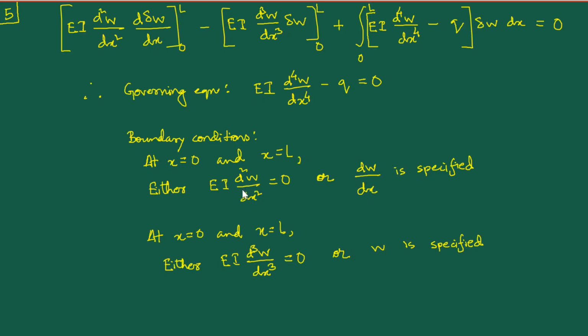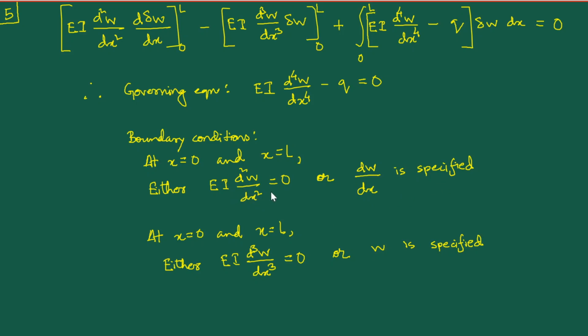All right. Again, alternatively, suppose we have at x equal to 0 a simply supported end, which means that at that end there is no restriction regarding the slope, which means that dw/dx is not specified to us. If it is not specified to us, then it is the other one which is going to get applied.